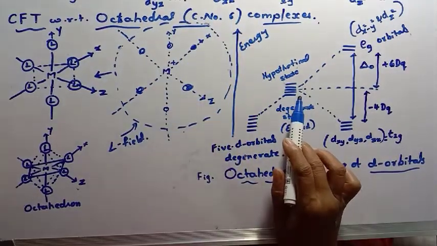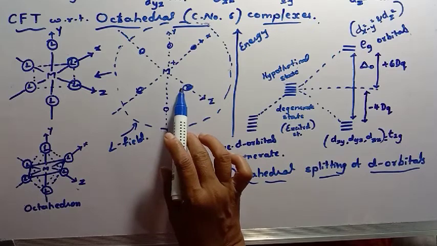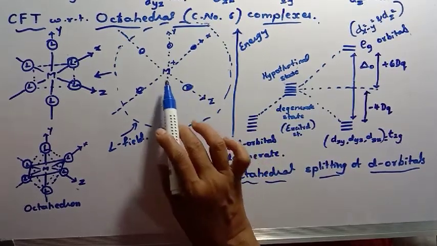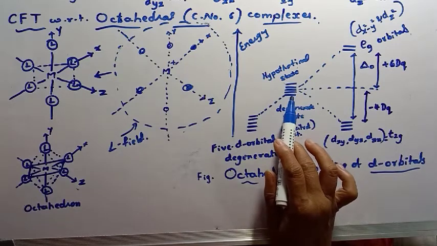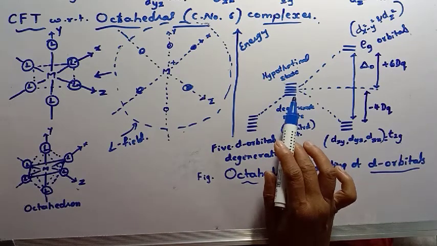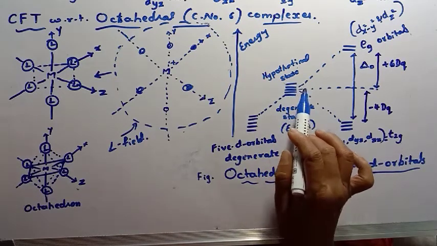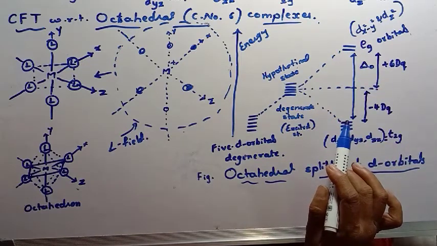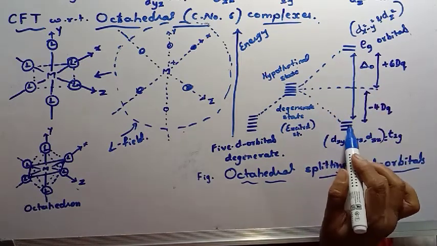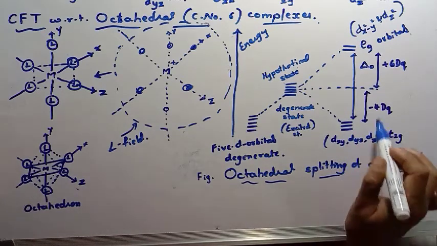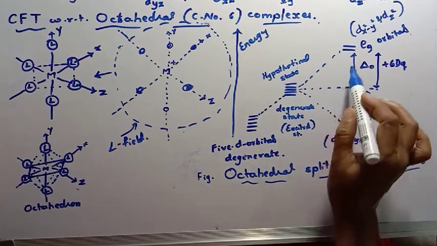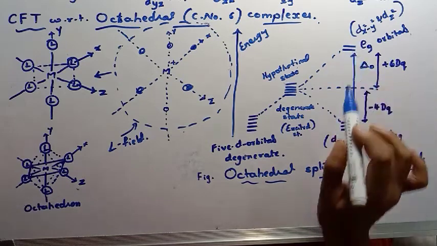So when the ligands are quite near the central metal ion, due to interaction these 5 d orbitals are no more degenerate. They split into two sets of orbitals. Three of them are decreased by a certain amount of energy, and the other two are raised by a certain amount of energy.